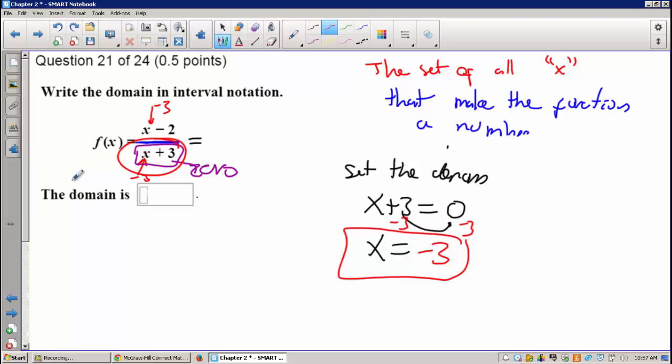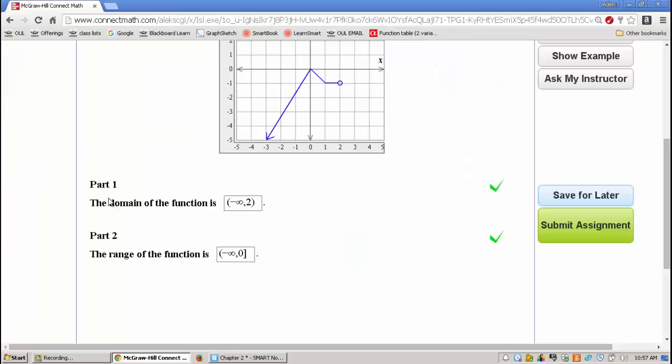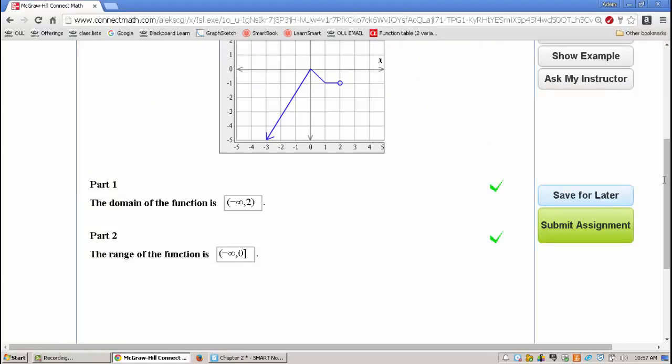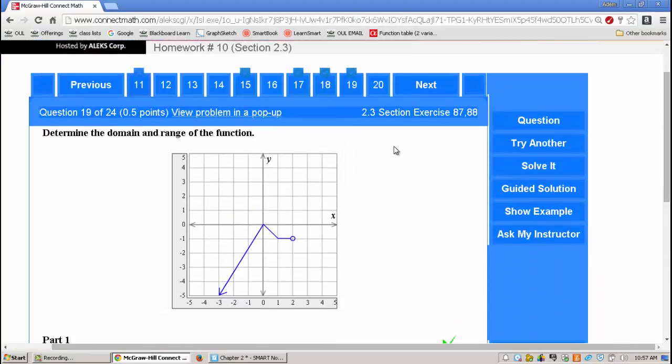So you expose them by setting it to 0 and isolating them. So how do you write the domain? The domain is everyone except the terrorist, which is... how do you write this up? I cannot enter this into my answer box, right? Does it say you can enter sentences like that? Terrorist.